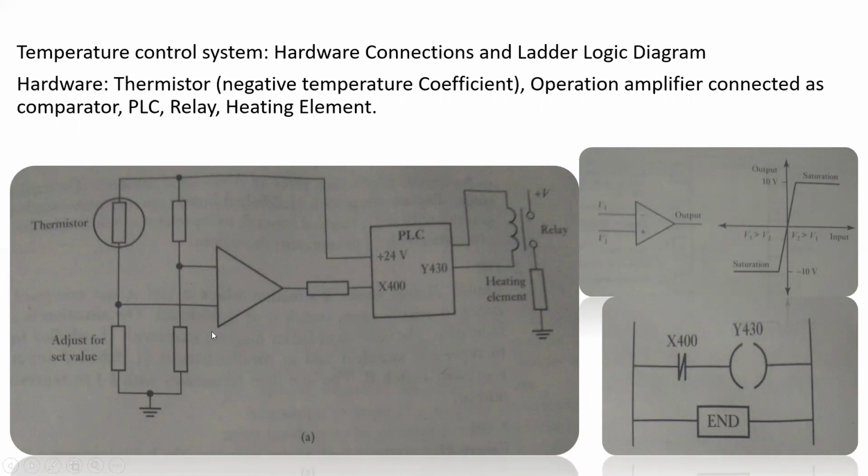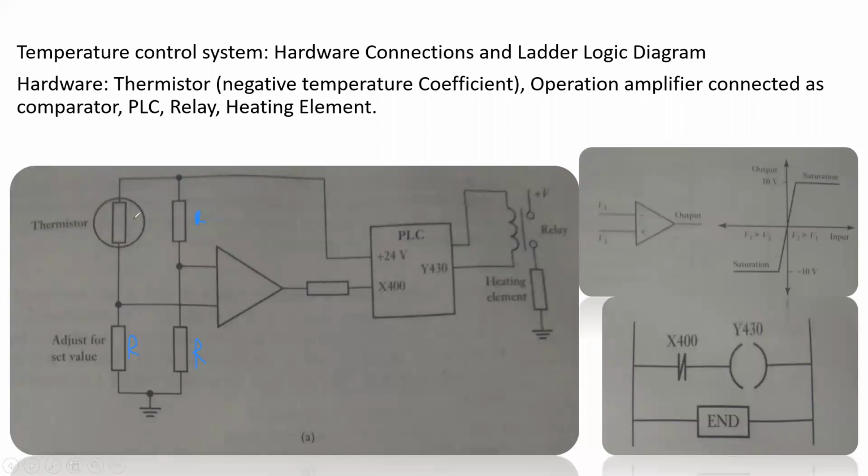Now let's discuss the hardware first. Here we can see that the thermistor is connected in a Wheatstone bridge, and there are 3 resistors of equal resistance. So in the Wheatstone bridge, the 3 resistors are of equal resistance, and the resistance of the thermistor will change as the temperature changes.